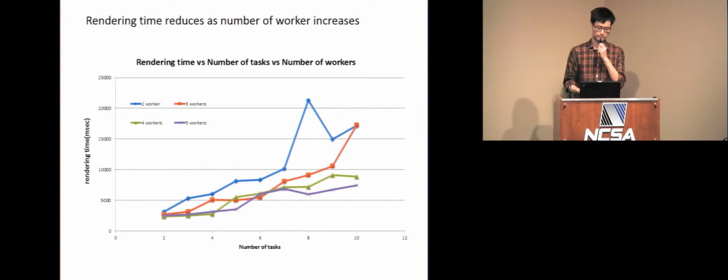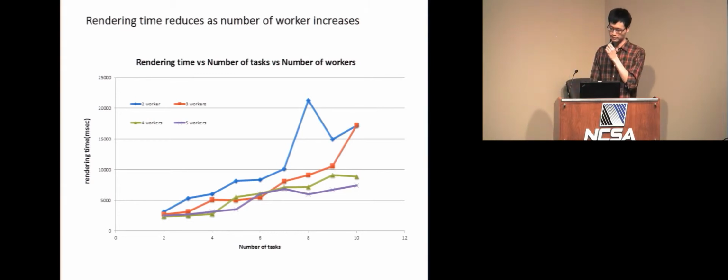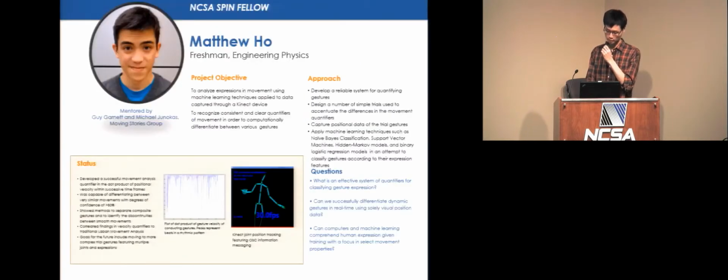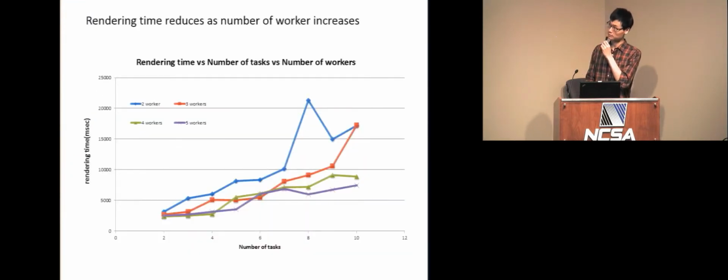As you can see, as the number of workers increases, for the same number of jobs, the rendering time decreases, and they follow a similar trend. It's pretty clear that as the number of tasks increases, the rendering time will increase accordingly.